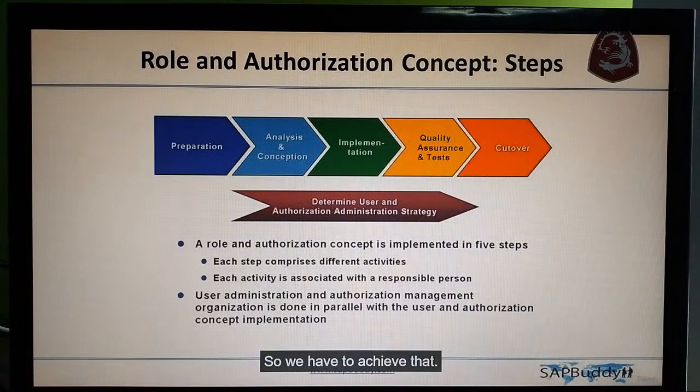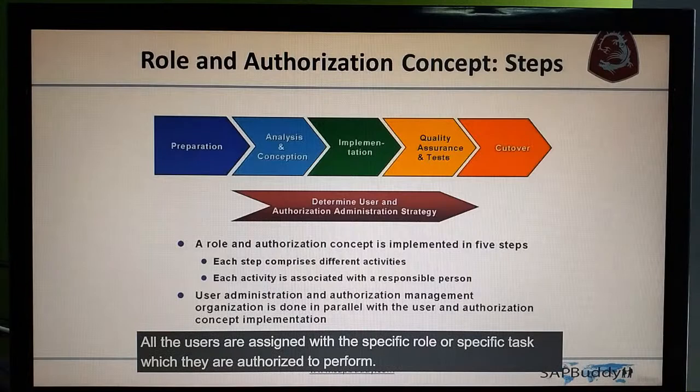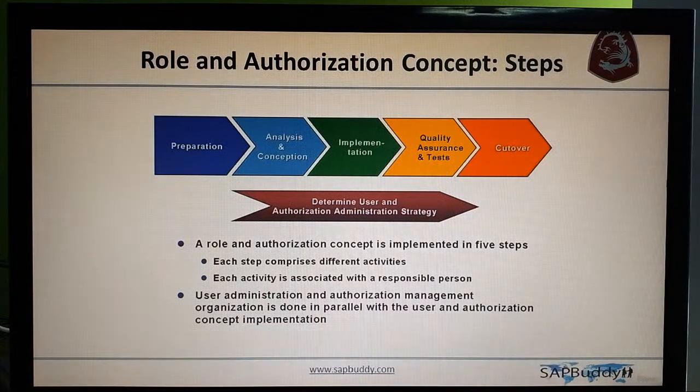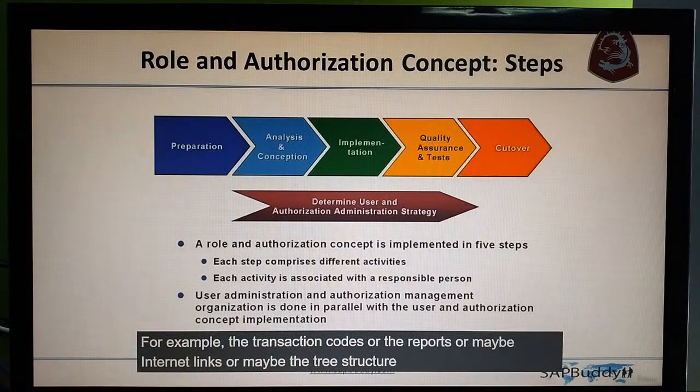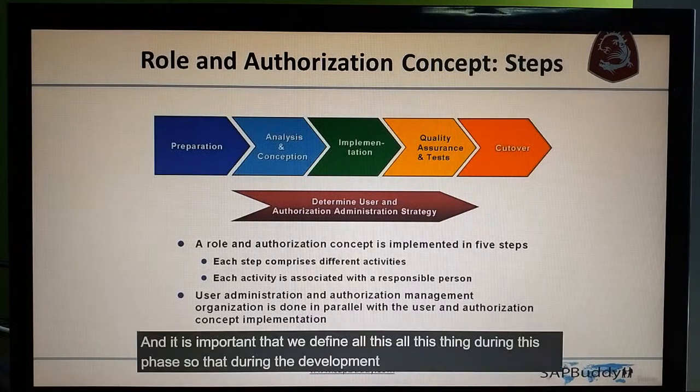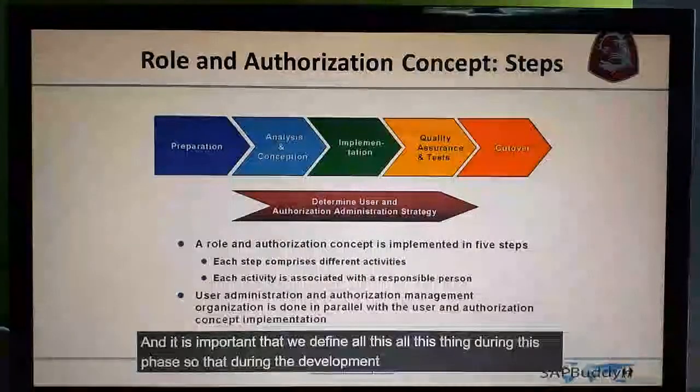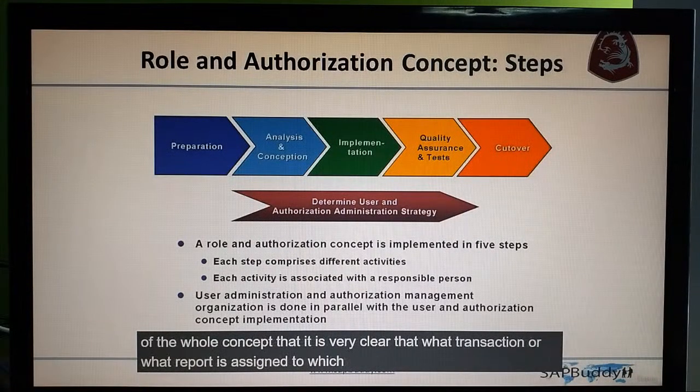So we have to achieve that all the users are assigned a specific role or specific tasks which they are authorized to perform, for example the transaction codes or the reports or maybe internet links or the tree structure or the menu structure. It is important that we define all this during this phase, so that during the development of the role concept, it is very clear what transaction or what report is assigned to which users.